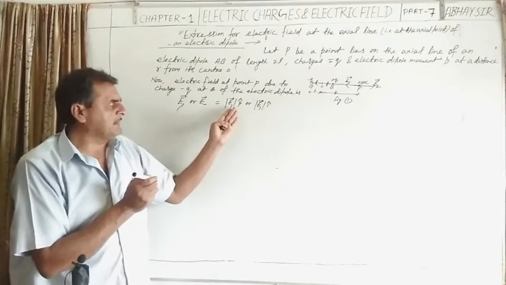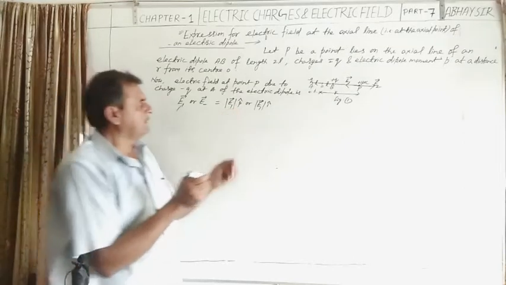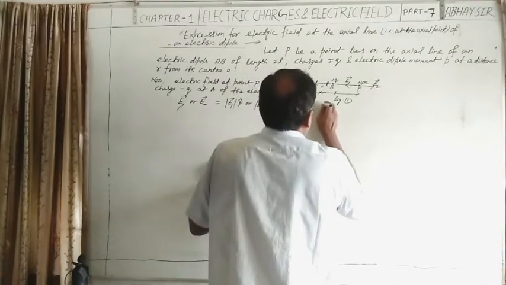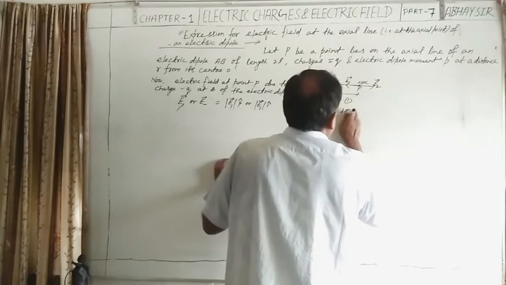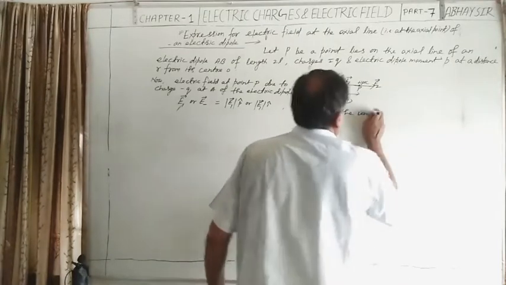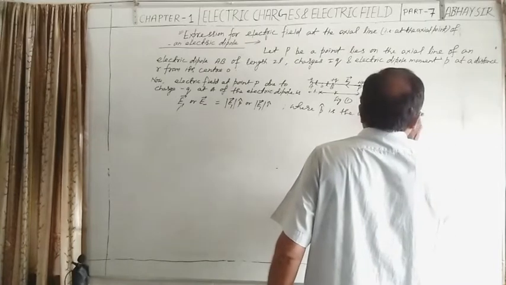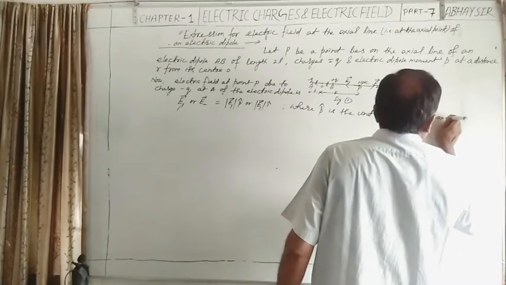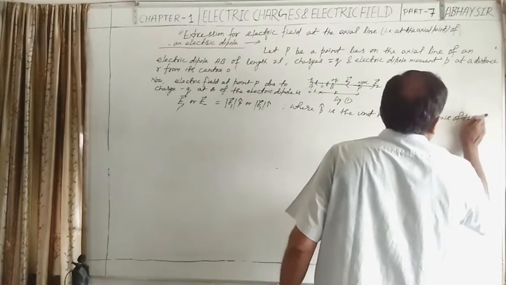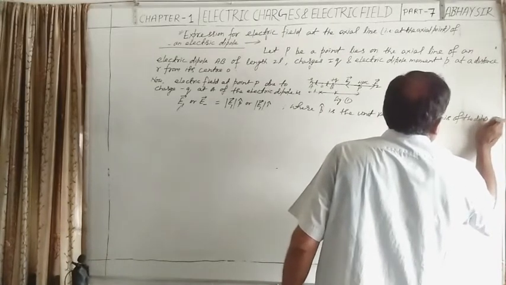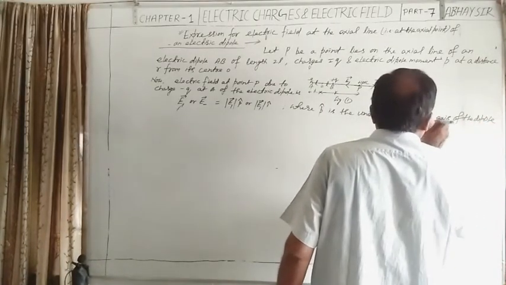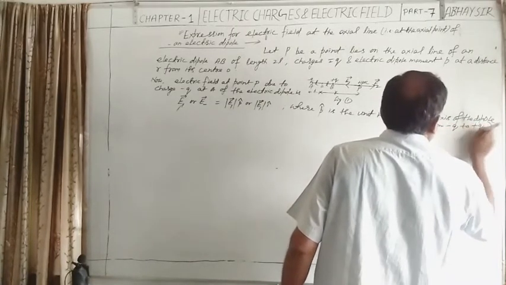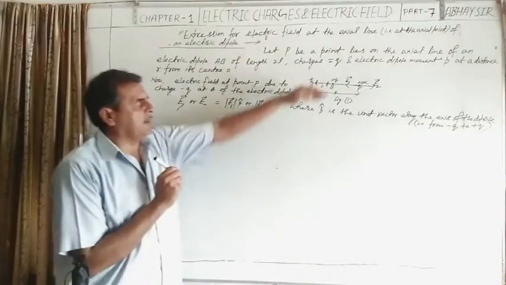I will take here P cap, where P cap is the unit vector along the axis of the dipole, that is from minus q to plus q, or I cap is the unit vector along positive x-axis.